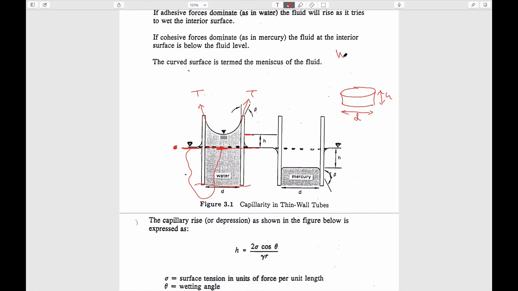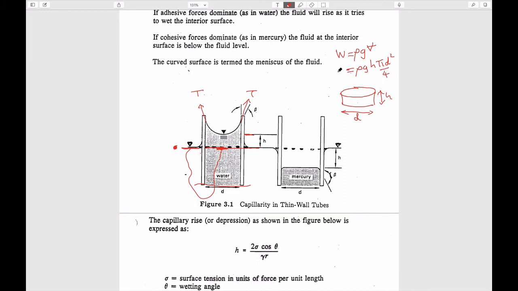The weight of this will be equal to density times gravity times volume, which is equal to density times gravity times h times pi d squared upon 4.